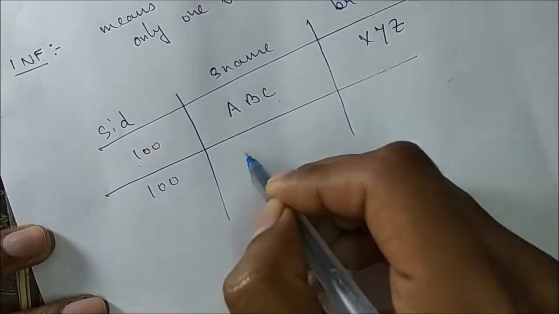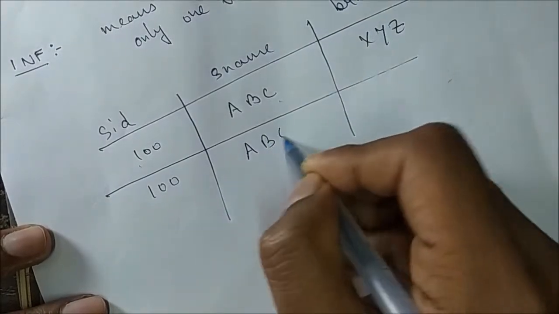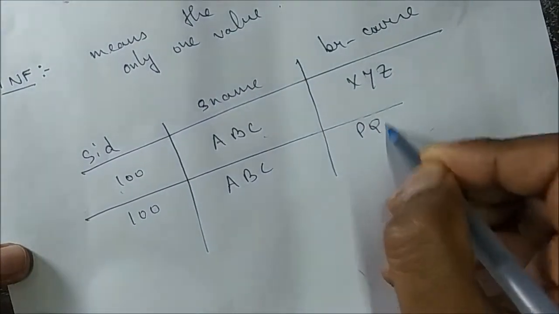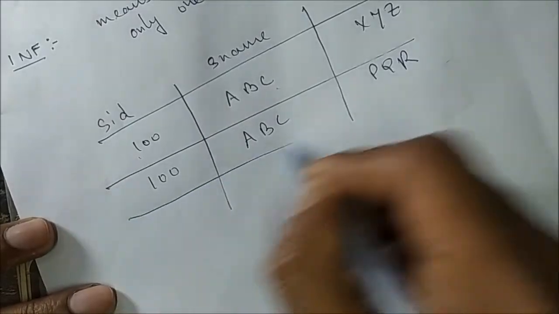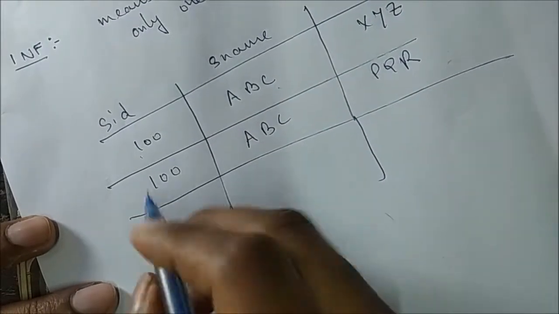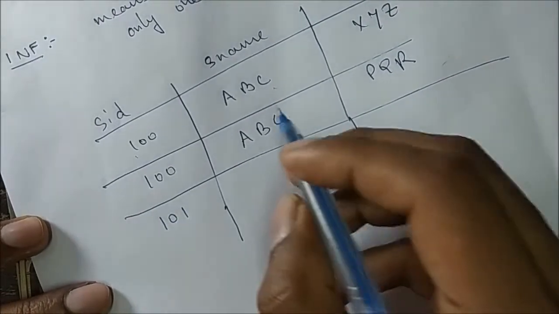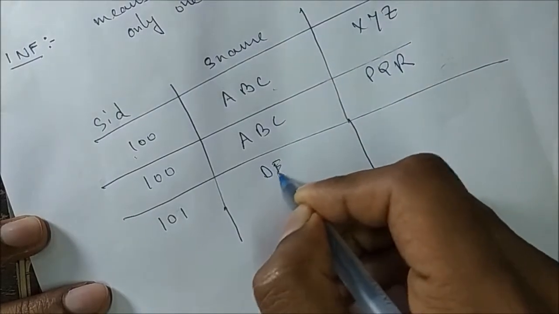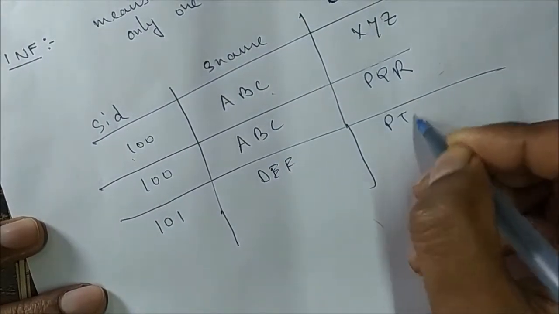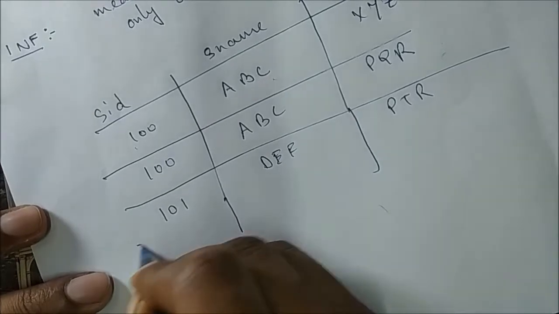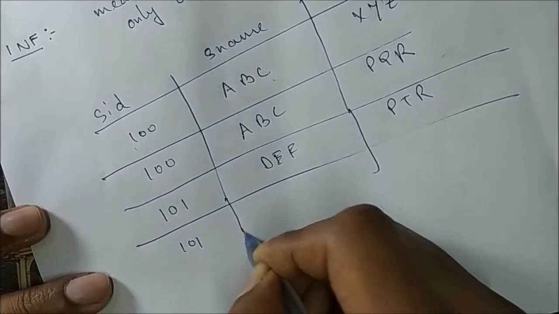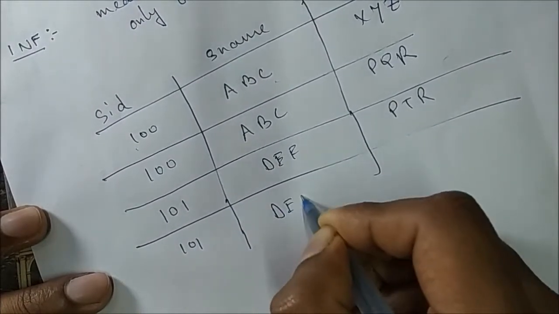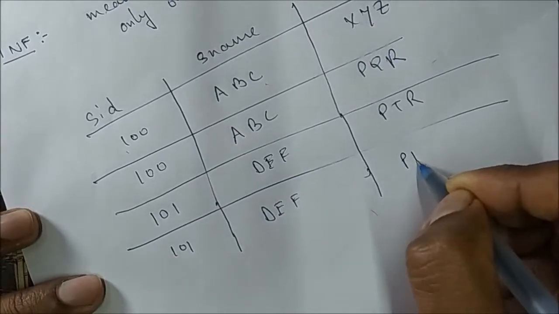Now I will write again 100, S name ABC, and this will be PQR. So this is how we have to decompose it. Next 101 will come, and DF, and the next course PTR will come. Then again 101, DF, the S name, and again PTR.